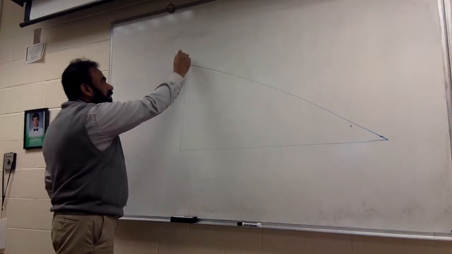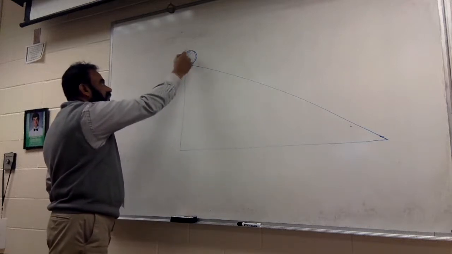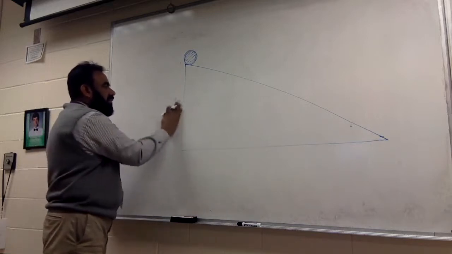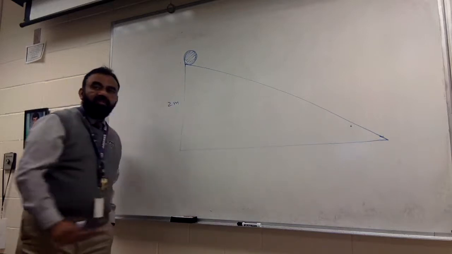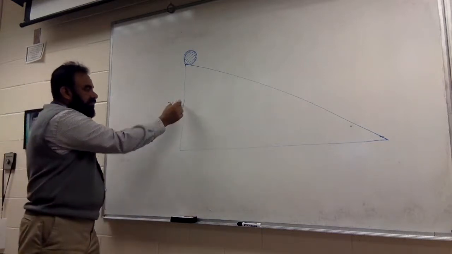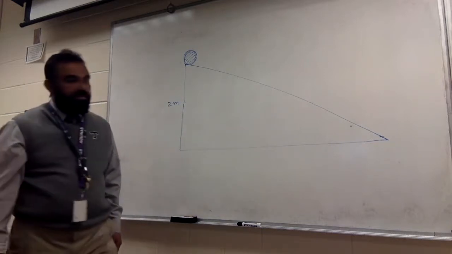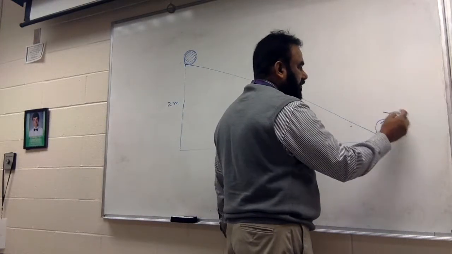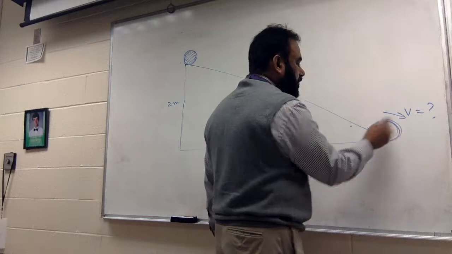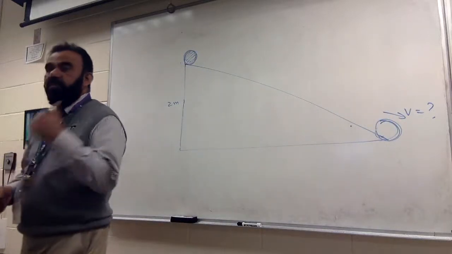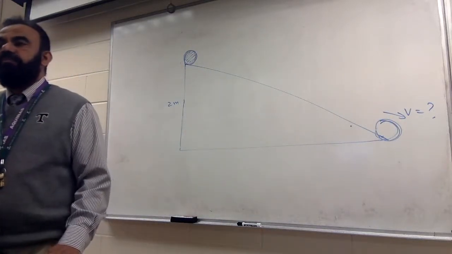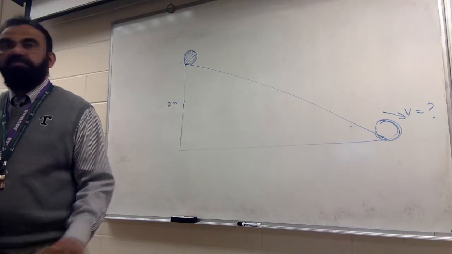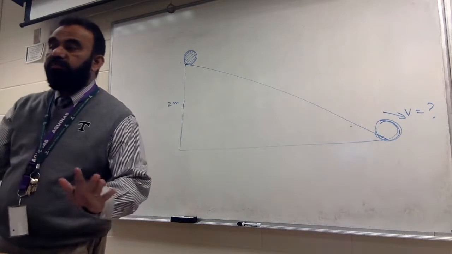So we're keeping a ball here, a bowling ball, okay? And the height you're releasing it from is 2 meters. If I ask the question, how fast is it going when it is down there? What do you do? Any ideas? You've done this before.